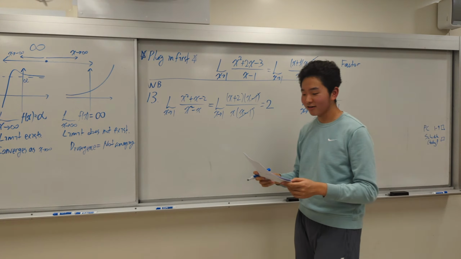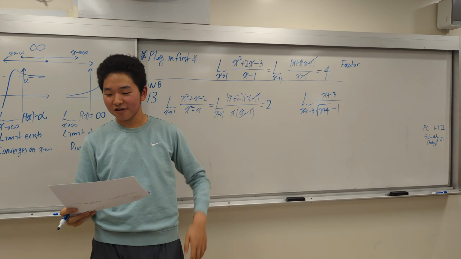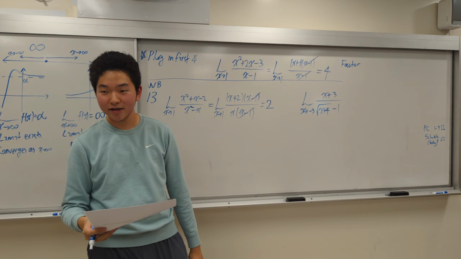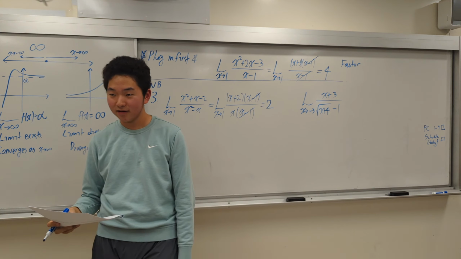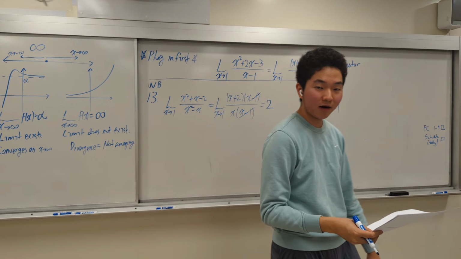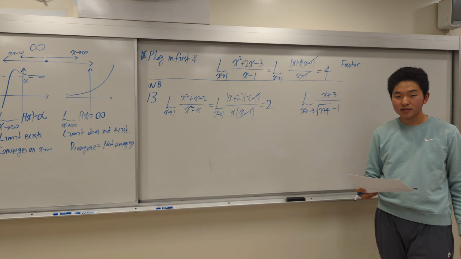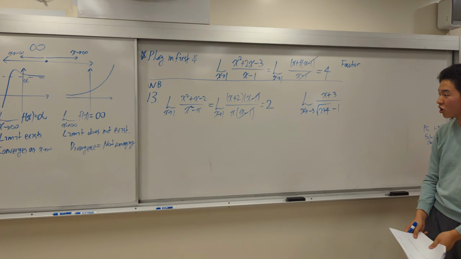Guys, are we having trouble plugging in numbers? I hope not. What does the numerator go to when x goes to negative 3? Goes to 0, right? How about the denominator? What's negative 3 plus 4? 1. Square root of 1 minus 1 is 0. So it says 0 over 0, indeterminate.